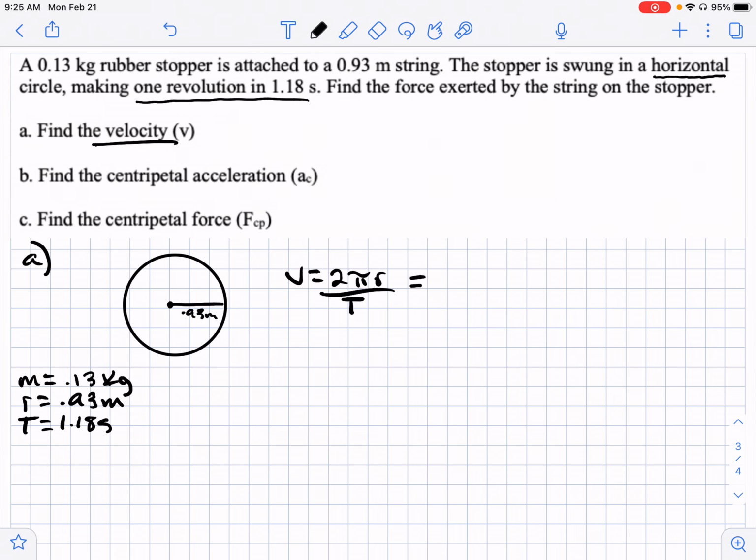Your velocity is equal to 2 pi times 0.93 meters divided by 1.18 seconds. And when you plug that in, you should get a velocity of 4.95 meters per second.